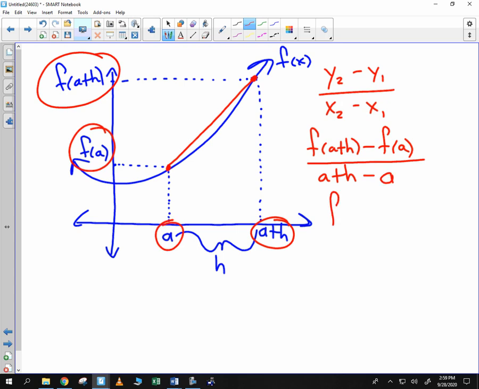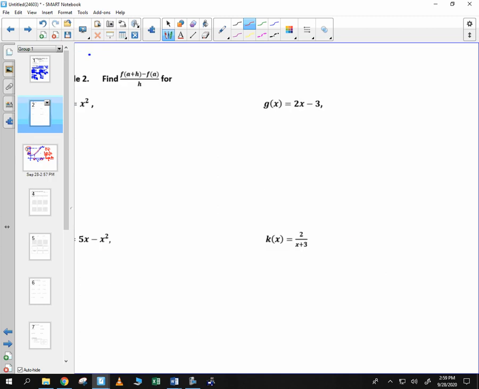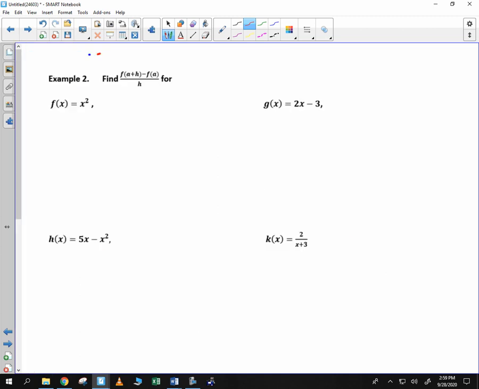And notice you get f of a plus h minus f of a, and in the denominator, the a's go away, and so you just have h left over. This is a very important formula that you're going to use when it comes time for calculus. So let's see what happens in this situation here, okay? We start by taking a plus h and plugging it in, and we get a plus h squared.